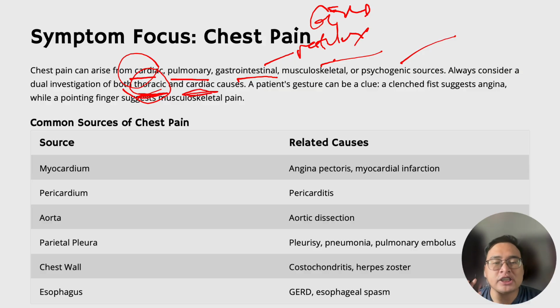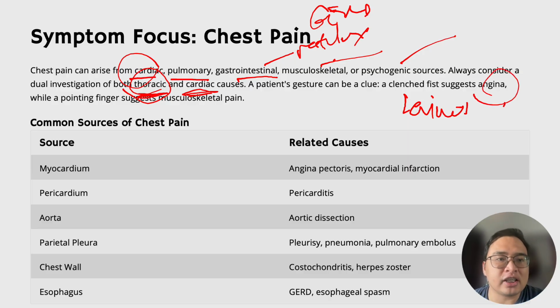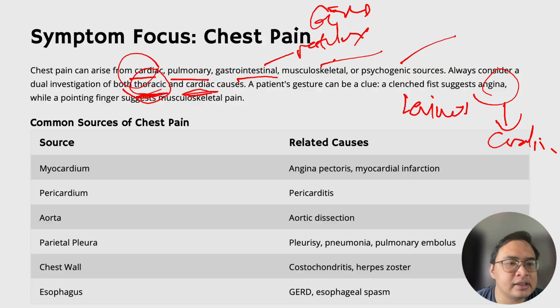Okay, so there are some clues. There's a clue called Levine's sign, which is a clenched fist, suggestive of intense cardiac pain, described as heaviness. So it suggests angina, which is cardiac in origin. In contrast, if the patient is able to point their finger on a certain location of the pain, meaning they could pinpoint the source of the pain, then it's most likely musculoskeletal pain.